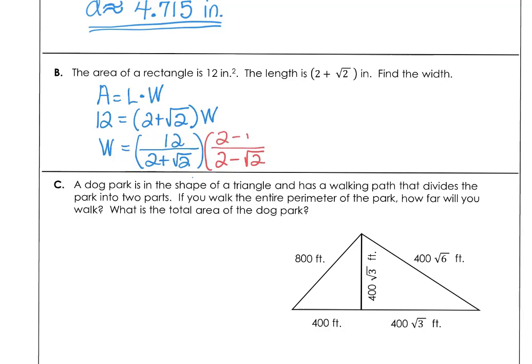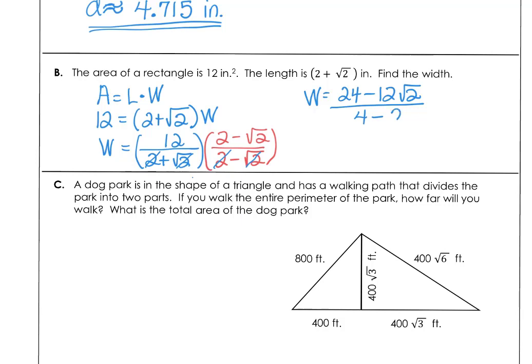And if we multiply top and bottom, we'll find out that the width is 24 minus 12 square roots of 2. And then the conjugate pair, this times this, is going to give us 4. And radical 2 times radical 2 multiplied together is going to give us negative square root of 4.